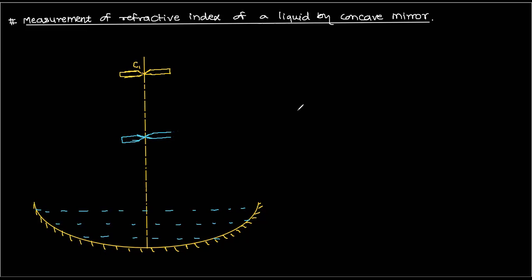What is this? C2. This position is what? Let us suppose C2 after pouring the water. So now this center of curvature is C2 here.